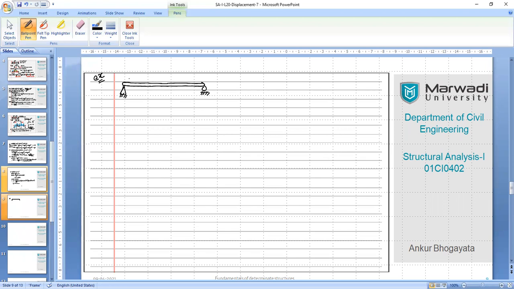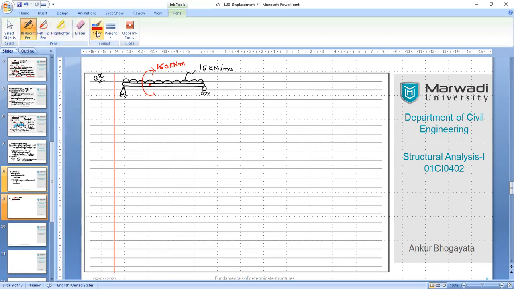So we have a UDL throughout the span, and we have one moment given in this direction at this location. I hope we have not done this numerical earlier. The value of this UDL is 15 kilonewton per running meter, and the moment value we have is 160 kilonewton into meter, right?